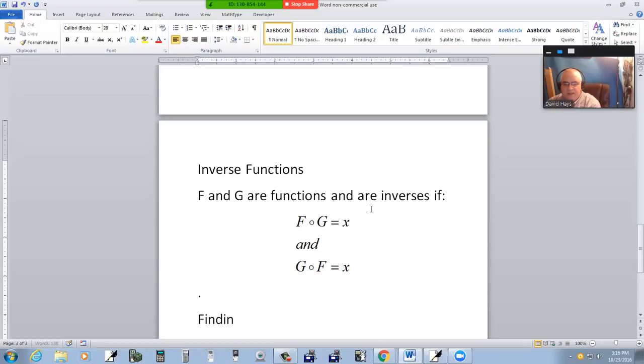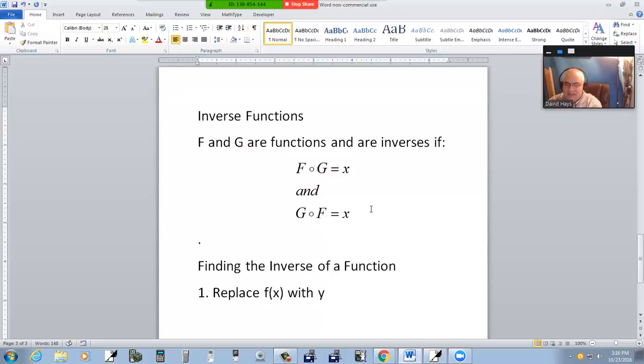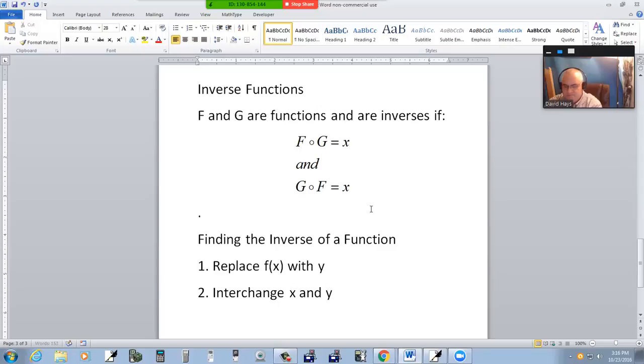So, finding the inverse of a function. Step 1, replace f of x with y. This is assuming you can find the inverse. If f of x is not 1-to-1, you shouldn't even be trying to find the inverse. Step 2, interchange x and y. Step 3, solve for y.